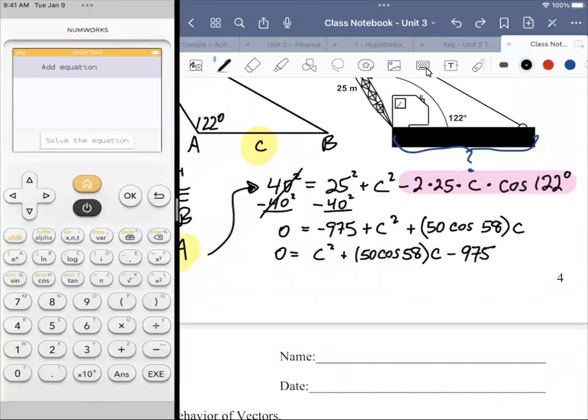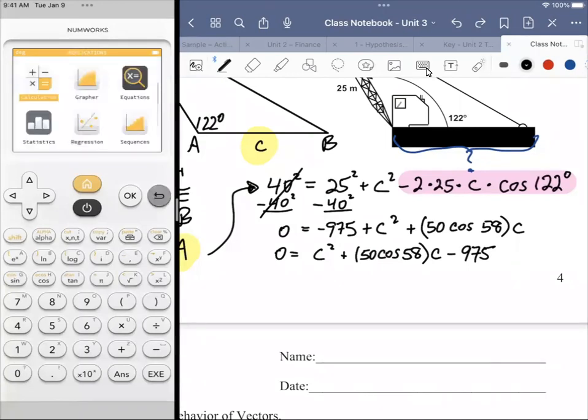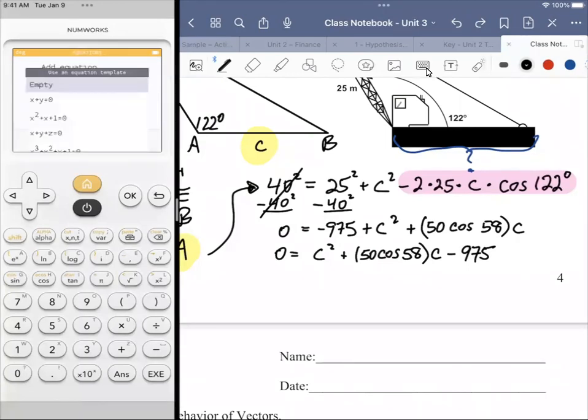And I'll look at the clock after I do this. If I've got a couple minutes, I'll take you through the quadratic formula approach also. All right. But in the equation app, so again, you're in your home screen, you go to equations, add equation. You can hit empty and start typing 0, shift pi for the equal sign. You could use C if you want.